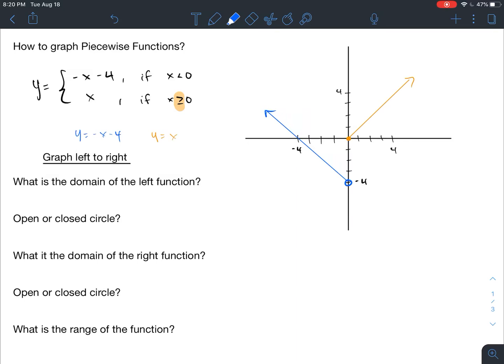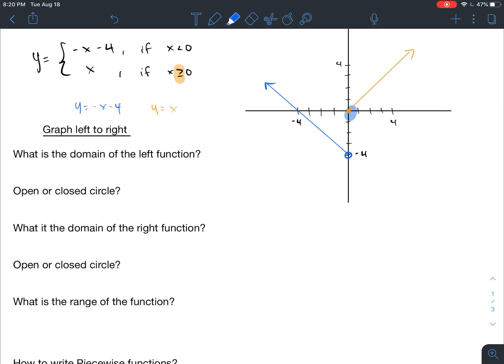Usually you'll see these piecewise functions written out where the top is the far left and the bottom one is the far right, and they go in that order. And then you have to identify where your open and closed circles are, just like we did. And then we determined the domain on the right, and we determined that it was a closed circle.